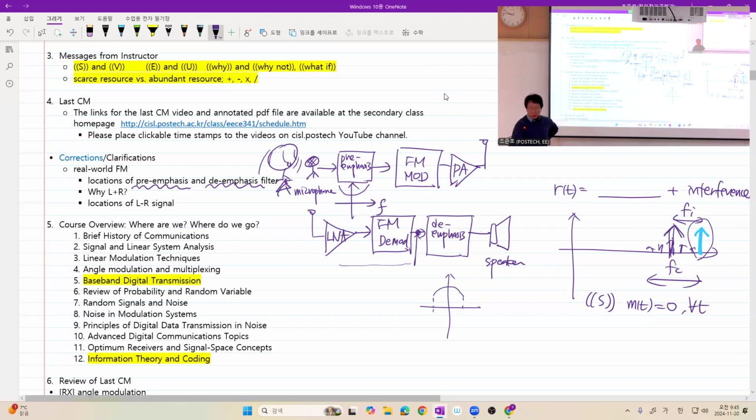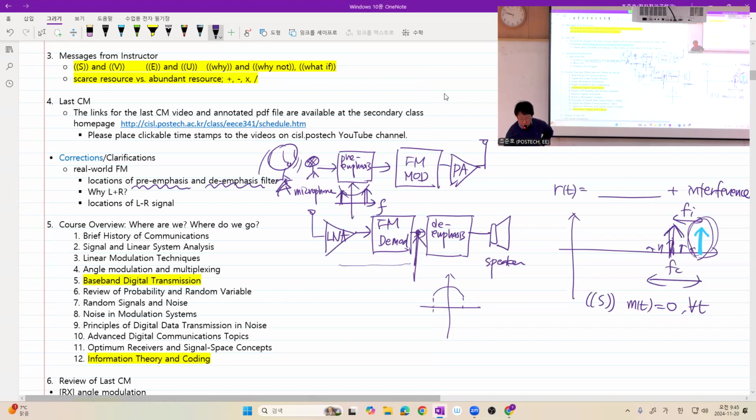So what we do is that, of course, this one appears here as high frequency noise. So what we do is that here we emphasize our desired signal's high frequency component.